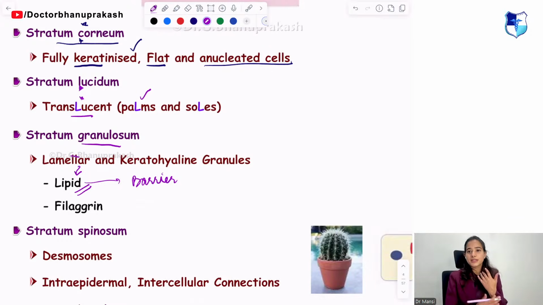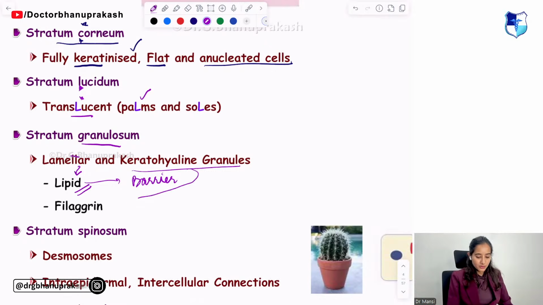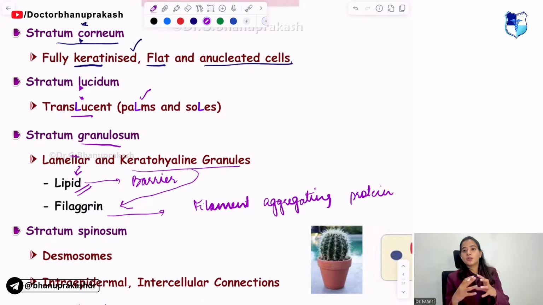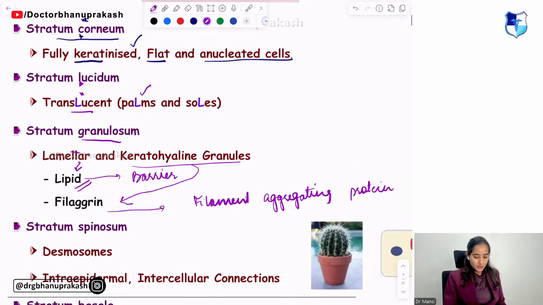Because you have this skin barrier. Then we have keratohyaline granules, which have the filaggrin protein in them. Filaggrin is a filament aggregating protein. What is its role? It helps in holding the keratinocytes together.